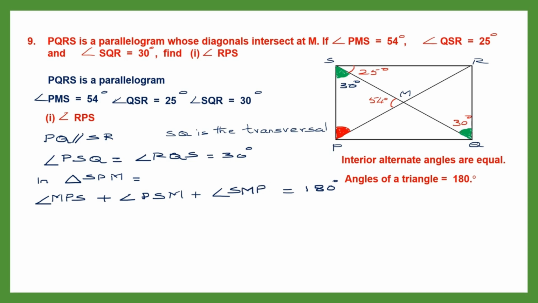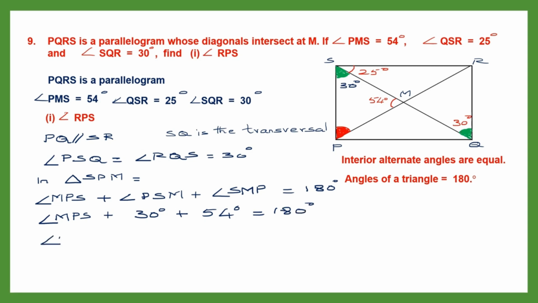So now we're going to simplify this. Angle MPS we don't know, this is what we're going to find out, plus angle PSM. Where is PSM? That is 30 degrees. So let's write plus 30 degrees, plus SMP. Where is that? That is 54 degrees. Plus 54 degrees, all this will be equal to 180 degrees.